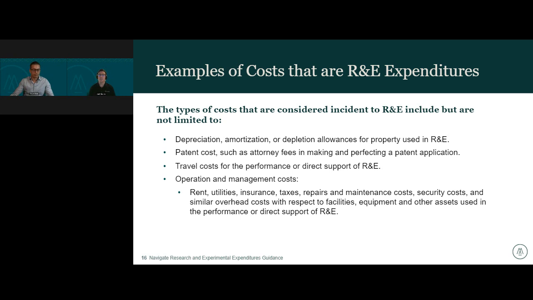Examples of these costs might include depreciation with respect to a piece of equipment used in the performance of R&E or an allocable portion of depreciation with respect to a facility used for R&E purposes. Costs of obtaining a patent, such as attorney fees, expended in making or perfecting a patent application would be applicable, and travel costs for the performance or the direct support of R&E activities.